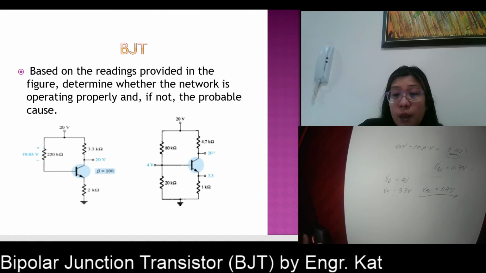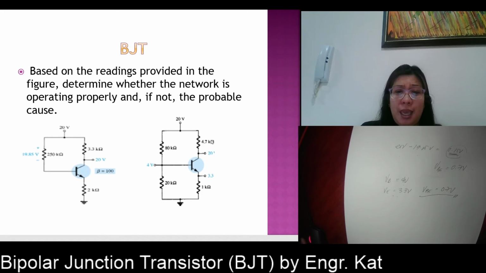However, there is a problem here because at the collector, we read 20. So IC is not being considered here, because supposedly if this is 20 and this is also 20, we have no drop across 4.7. If we don't have a drop across 4.7, that means we don't have IC.